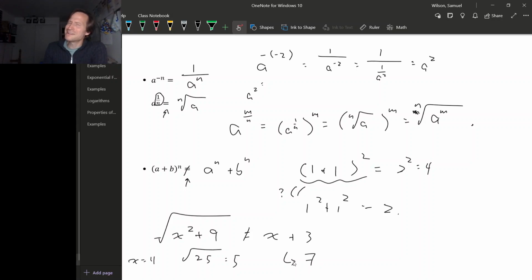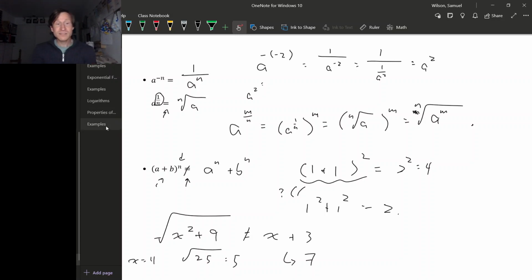And 5 is not equal to 7. So this is probably one of the most common mistakes that I see in algebra, so don't make this mistake. If you have a sum inside of an exponent, in general, there's no simplifying you can do, at least not immediately. There might be some fancy tricks in special situations, but in general, there's no sum rule for exponents.